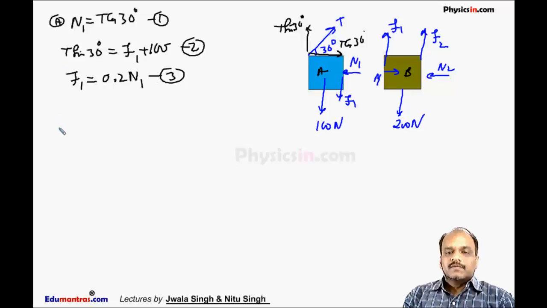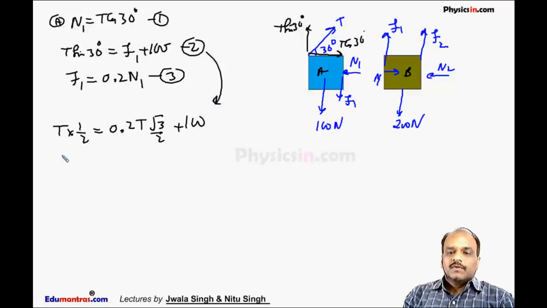Now from the first, second and third we can say T sin 30, means 1 by 2, must be equal to F1, means 0.2 times N1, means T cos 30. So it is T root 3 by 2 plus 100.